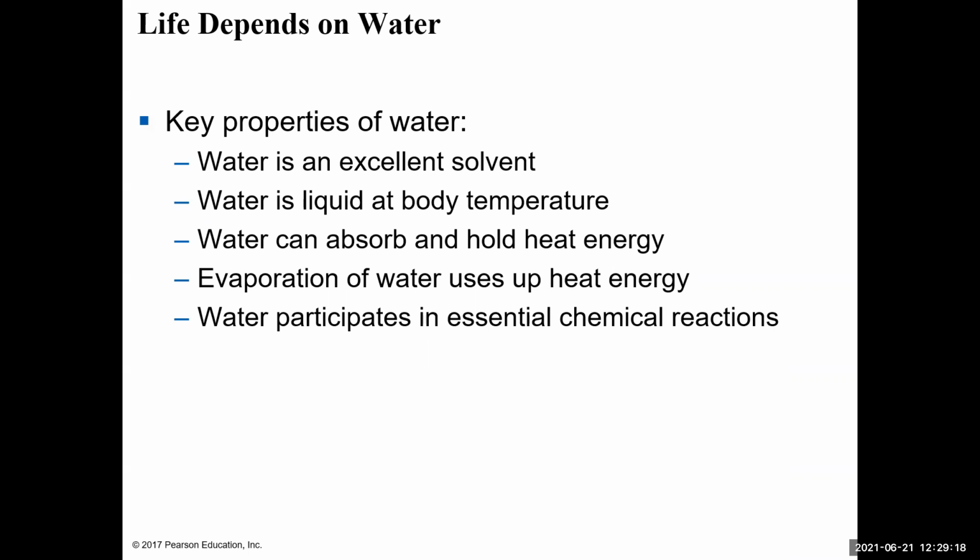Water is also liquid at body temperature, which is important. It can absorb and also hold heat energy, and it can help regulate heat energy through the evaporation process. And then water is also really important for chemical reactions, as we've seen, especially in your dehydration synthesis and hydrolysis reactions, right? All of those are based around using or losing water.